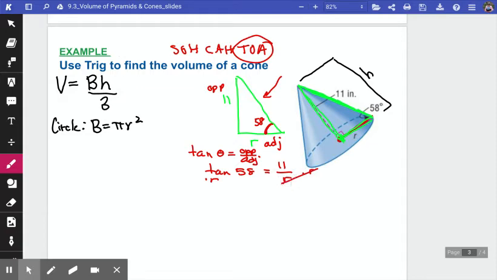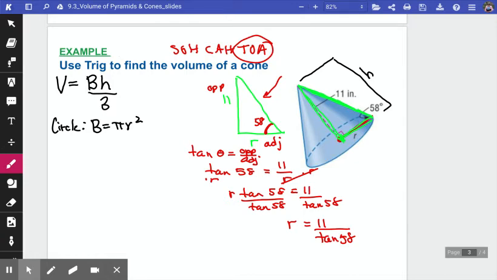They cross out. So I end up with r tangent of 58 is equal to 11. I'm going to divide both sides by tangent of 58. So I have that the radius is equal to 11 divided by the tangent of 58.